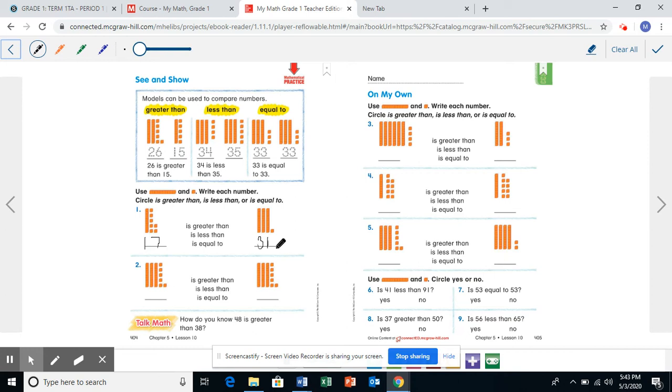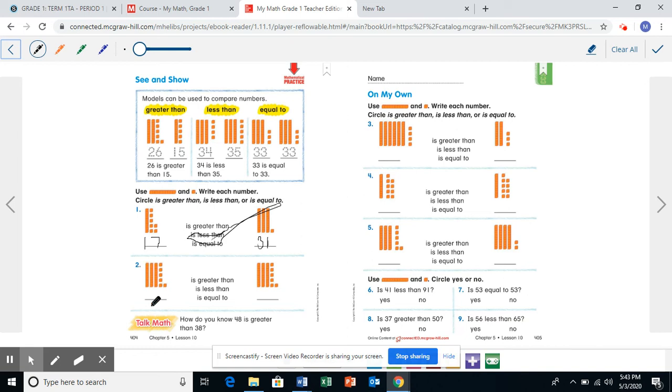Greater means more. So obviously it's not more, because if you compare the 10 base, this one has 3. So therefore it's not greater. Let's look over here. 17 is less than 31. If we compare the numbers 1 to 3, yes, it's less than. So I will circle less than. Oop, sorry. It should be circled less than.